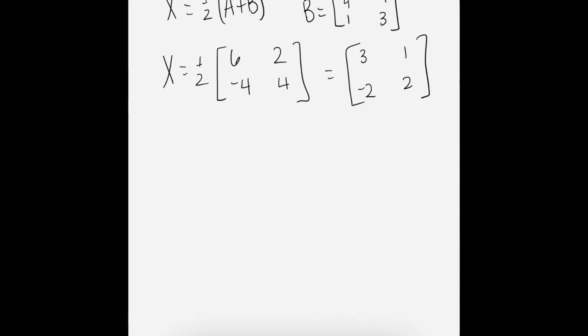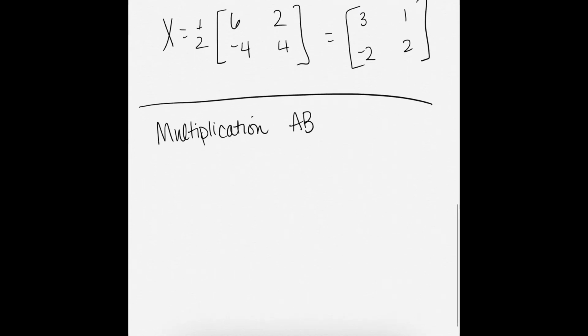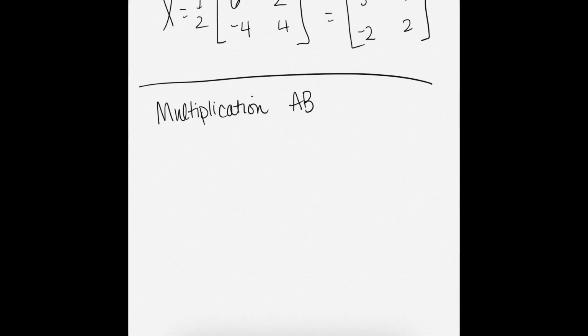All right, so let's continue with multiplication. So this is the more complicated concept in this section, multiplication of matrices. So let's start with AB. Well, okay, before I do an example, let me explain something about multiplication, and I'll show you why.